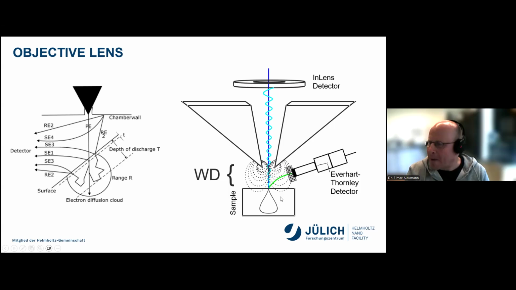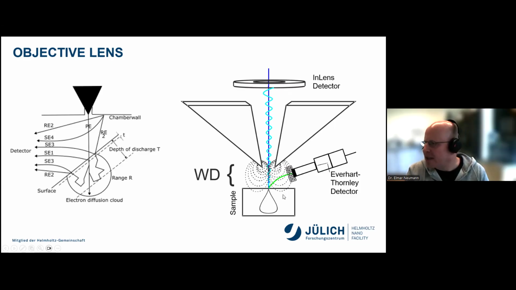So that's why people invented these in-lens or snorkel lenses. That means in this case, the electron beam is not conventionally collected by a detector, but accelerated back into the column with a magnetic field and then projected onto the so-called in-lens detector.